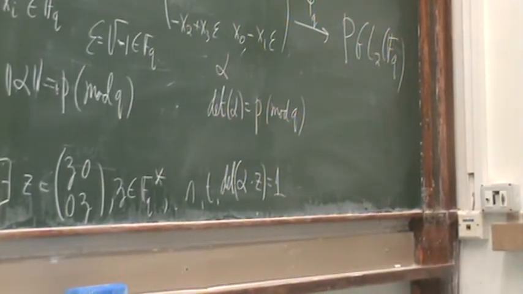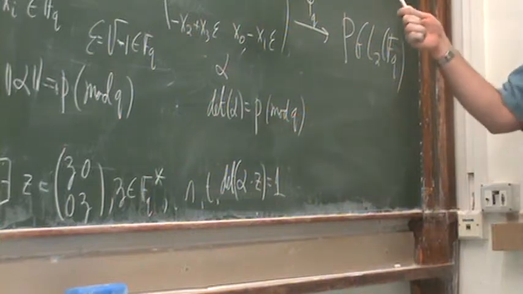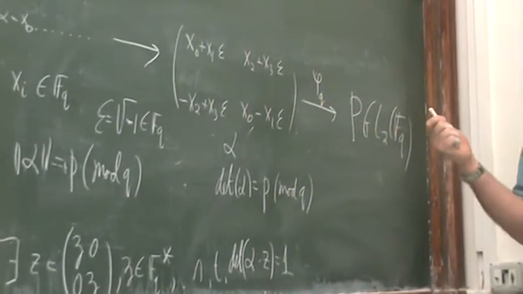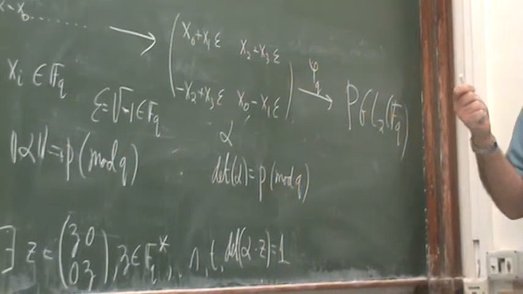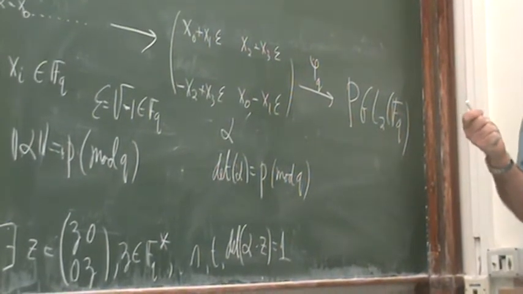Before, I checked it for the matrix minus 1, 0, 0, 1, you remember, to check whether the image of it is inside PSL2Q or not. The image will be the image of PSL2 if and only if this matrix is congruent to SL2 modulo the center.